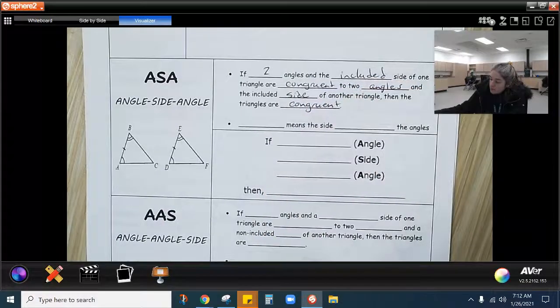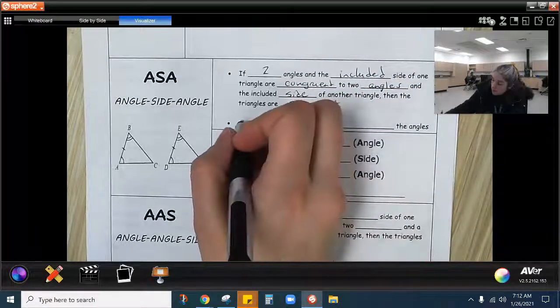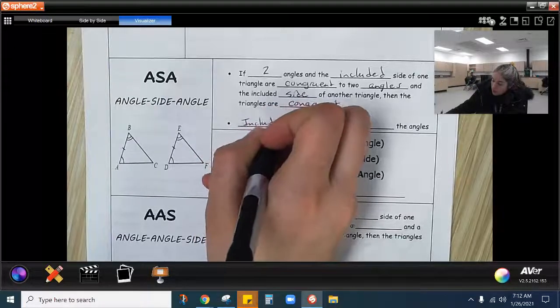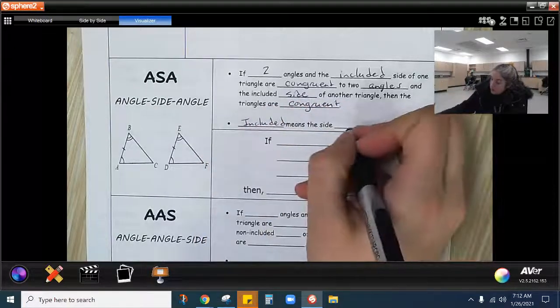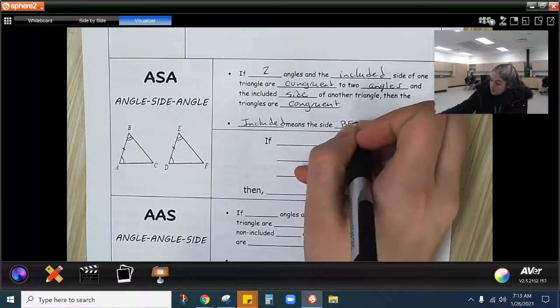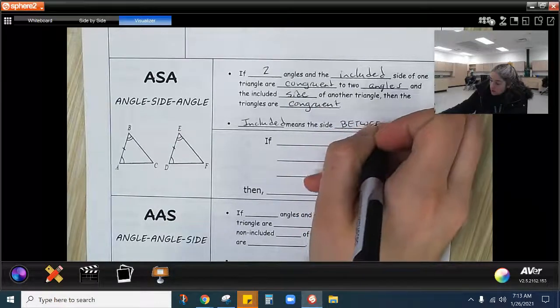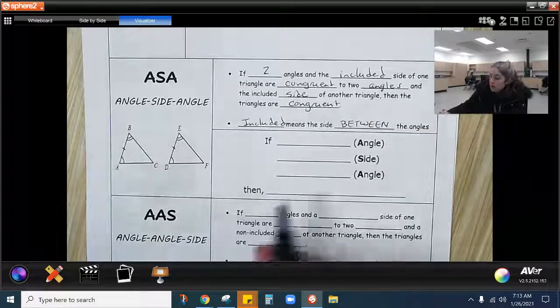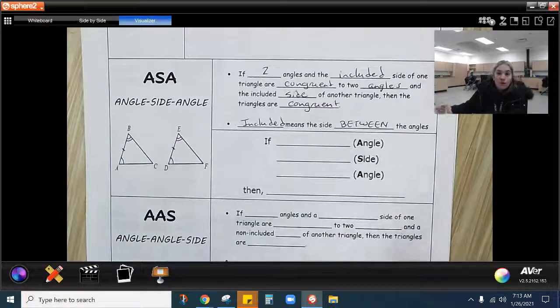All right, so included means that the side is between the angles.